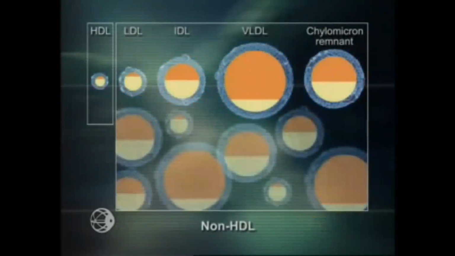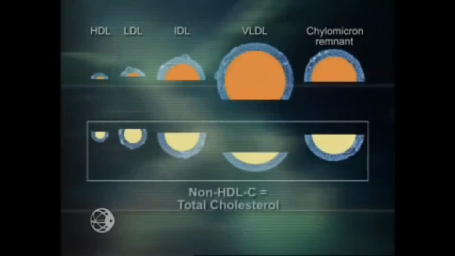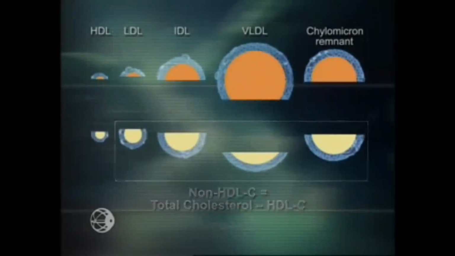In patients with a predominance of non-HDL, triglycerides are elevated, and in these patients, current guidelines recommend the calculation of non-HDL cholesterol, which reflects the bad plasma cholesterol from all atherogenic lipoproteins. Non-HDL cholesterol is equal to total cholesterol minus HDL cholesterol.